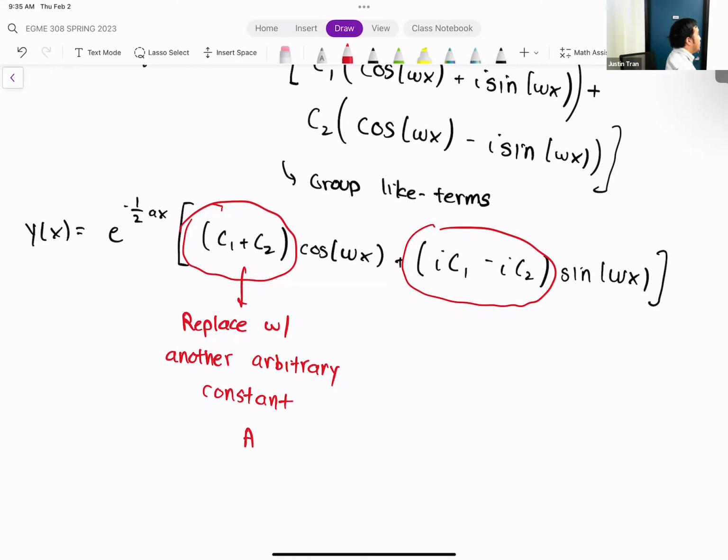I'm going to replace that with another arbitrary constant. You can call it whatever you want, but I'm going to call it A.